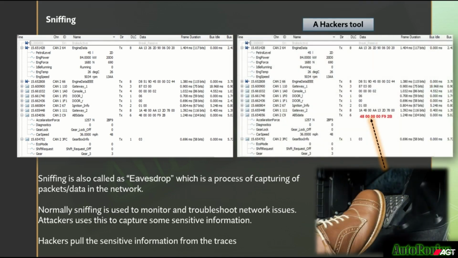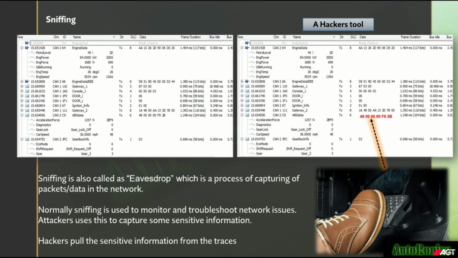Now, the attacker's hacker tool can tap out the logs as they are, but if he wants to understand what the signal for the brake pedal is, he can simply make some actions on the vehicle, just by pressing the brake pedal, and the message corresponding to the values will be highlighted.